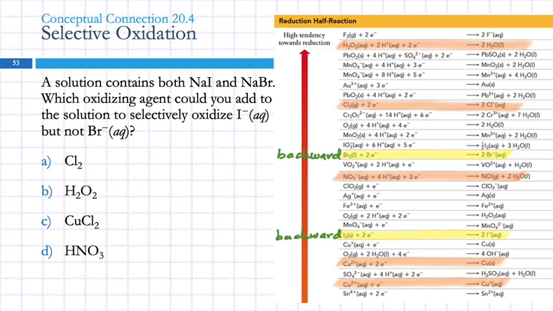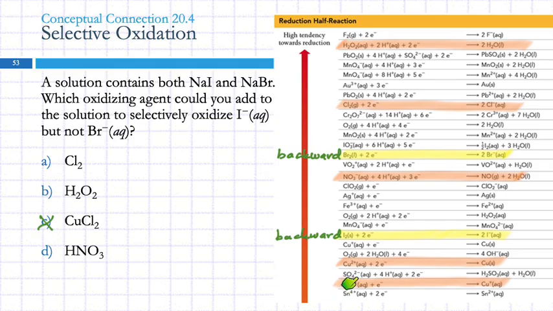So what we want here is something that's going to oxidize iodide, but not bromide. So if we want to oxidize iodide, that means that iodide is being the backward one. It has to be something above, right? So that rules out the copper, because copper is below.